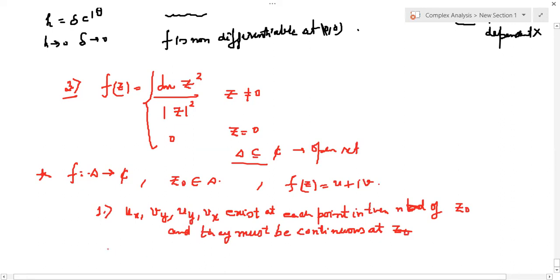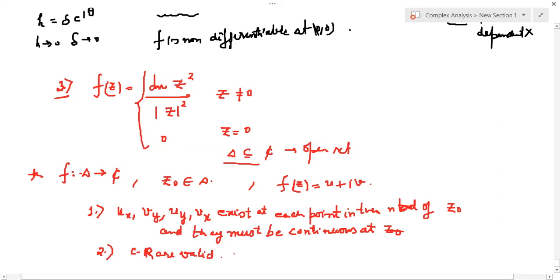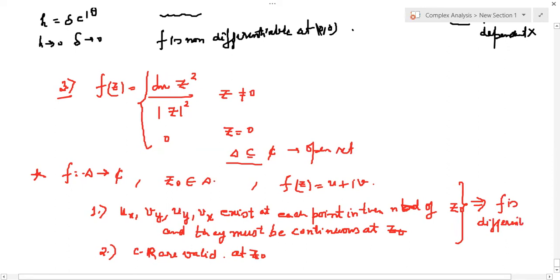If this is the case, and the Cauchy-Riemann conditions are valid at z0, then this forms a sufficient condition. Then it implies that f is differentiable at z0. Okay. This is very important. You have to remember this.